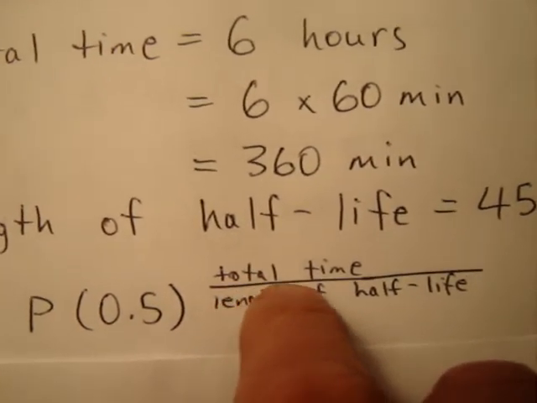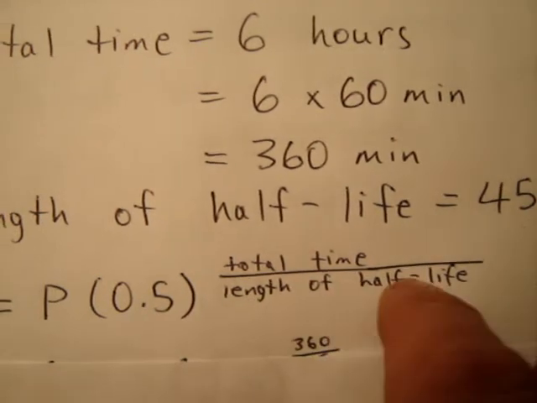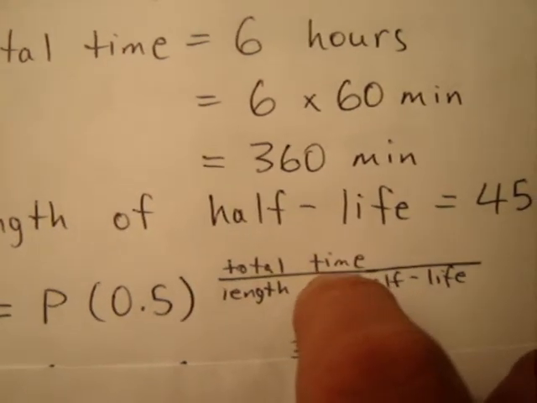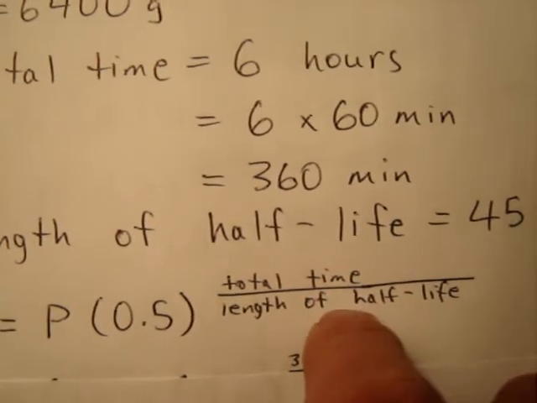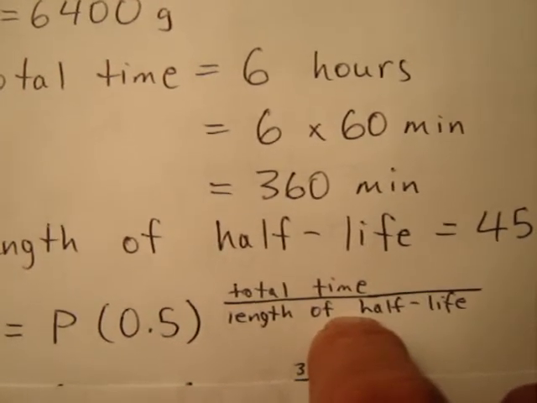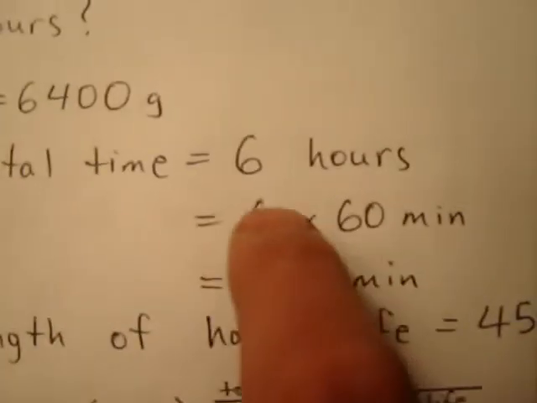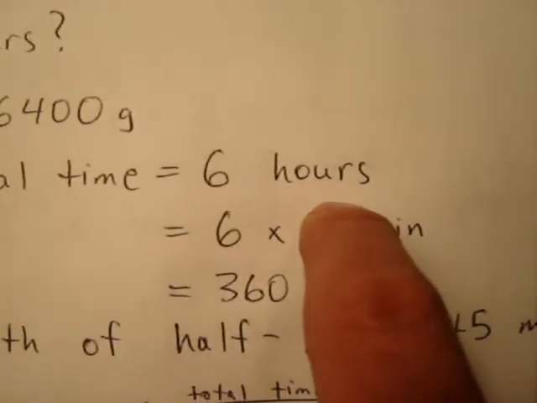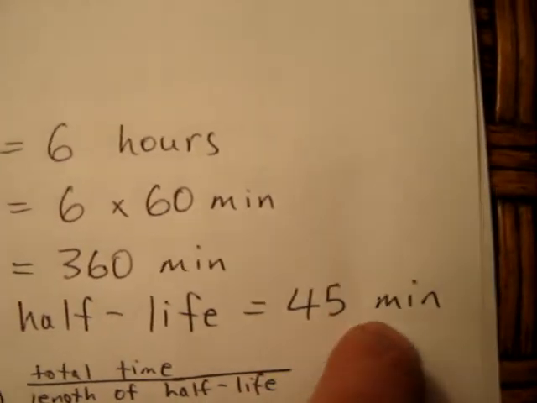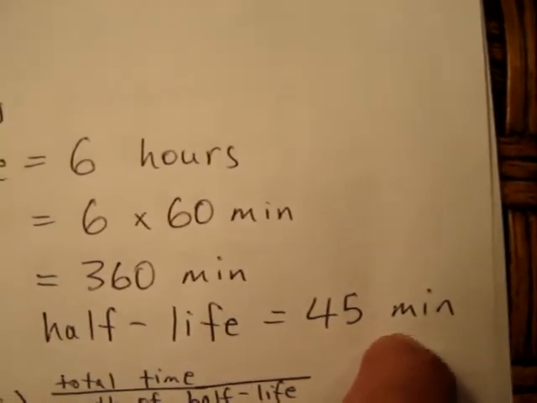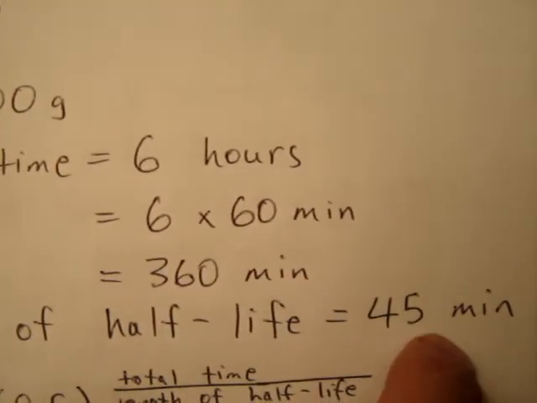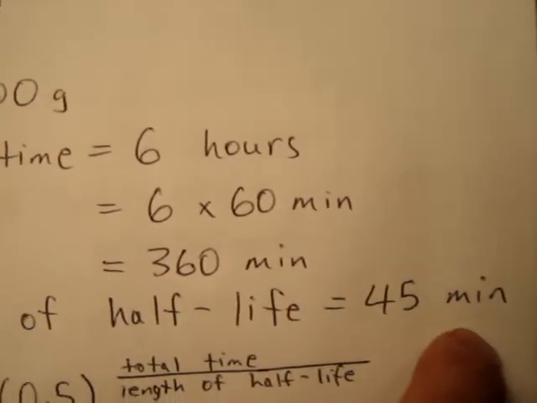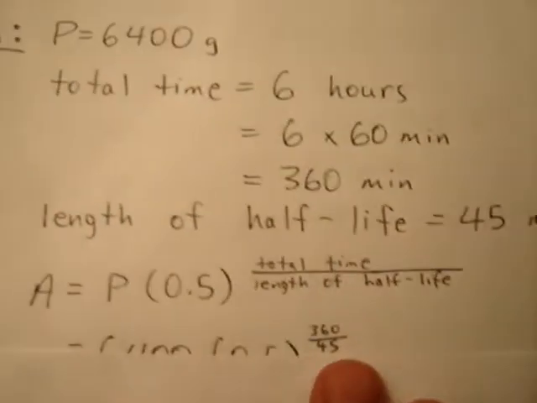That exponent is going to be the total time divided by the length of a half-life. And we have to, in each one of these questions, make sure that our total time is in the same units of time as our length of our half-life. So our total time in the question was given as 6 hours, but our length of our half-life was 45 minutes. It's up to us to convert 6 hours to 360 minutes so that we can then divide our total time divided by our half-life.